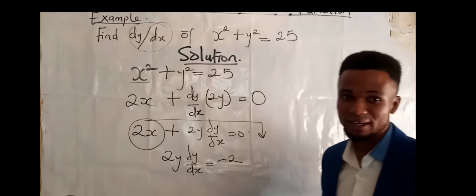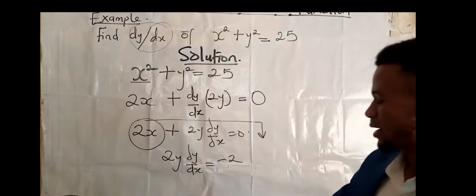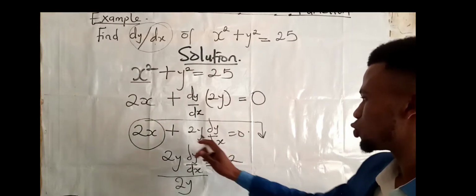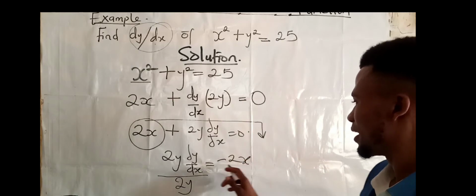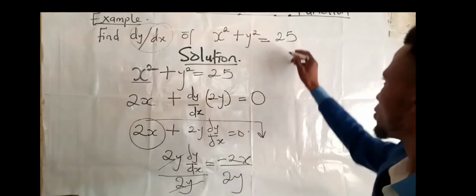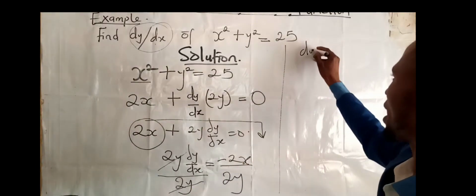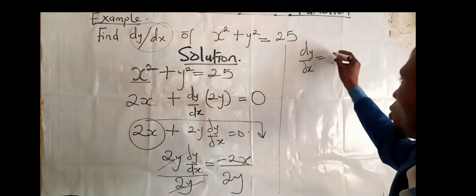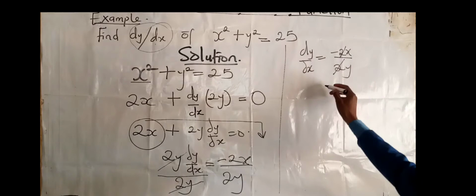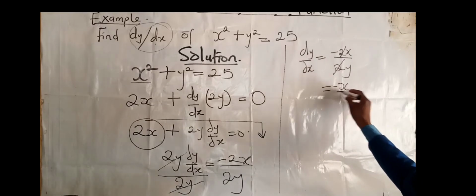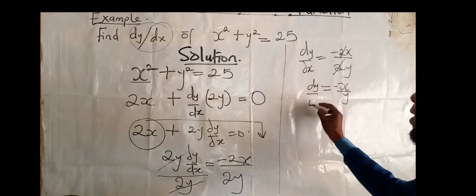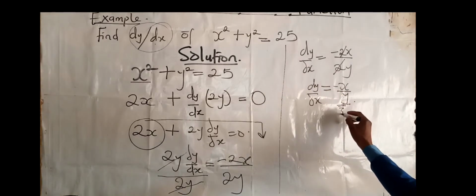So I am going to divide both sides by 2y. So this is going to cancel this. I am now left with dy over dx is equal to minus 2x over 2y. This will cancel this to be left with minus x over y. This is dy over dx. This gives us the final answer.